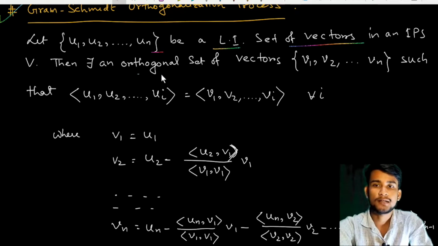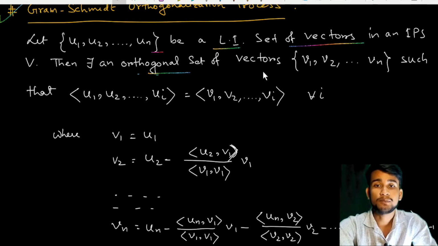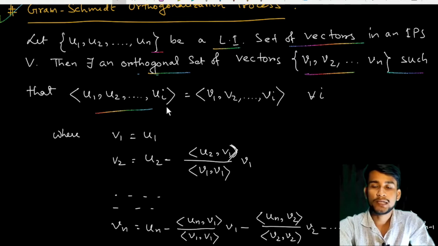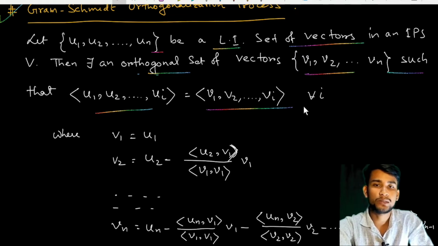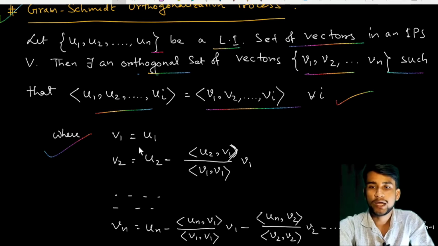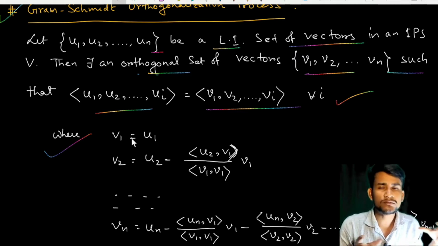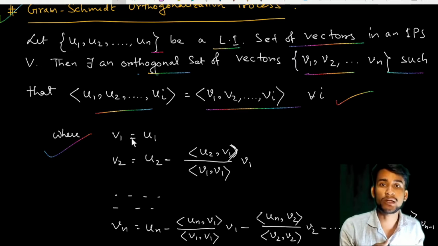Then there exists an orthogonal set of vectors v1, v2, ..., vn such that the span of u1, ..., ui equals the span of v1, ..., vi for all i. That means, given a set of vectors, we construct an orthogonal or orthonormal set of vectors. If you want, I will also make a separate video for the Gram-Schmidt process, so comment if you need it.